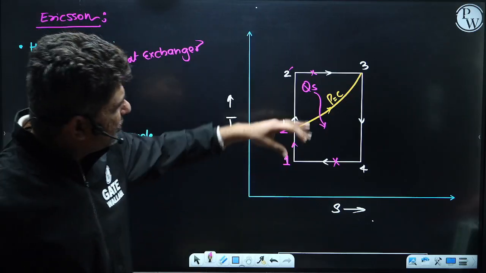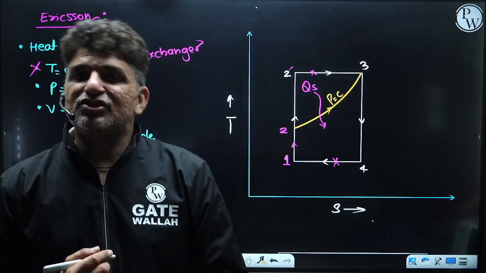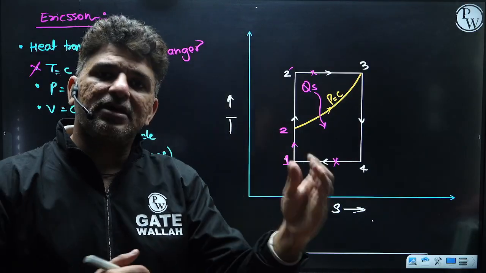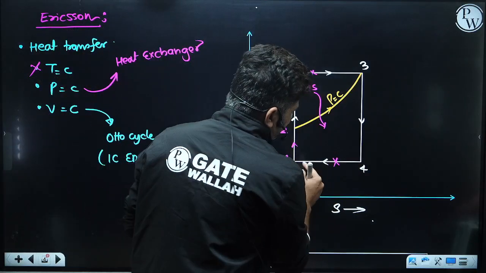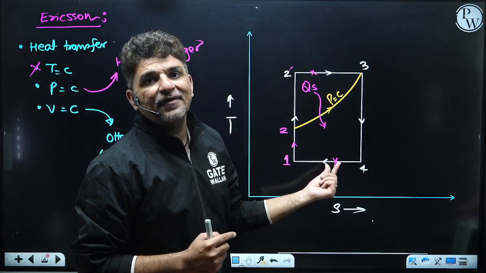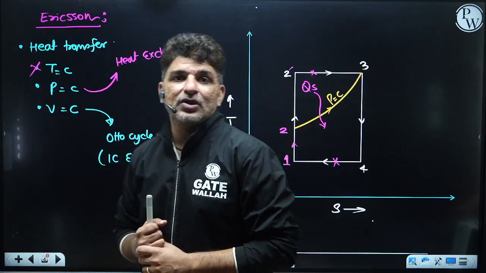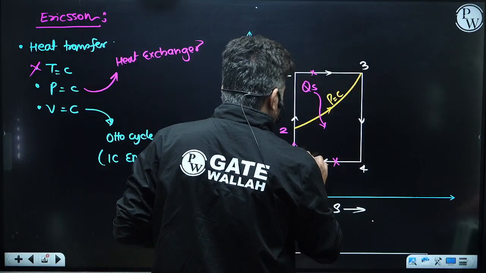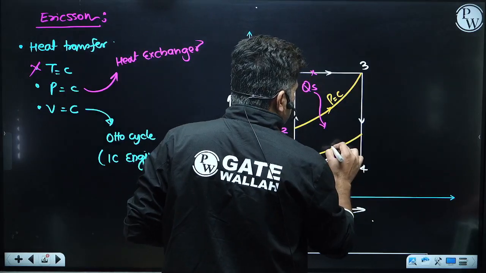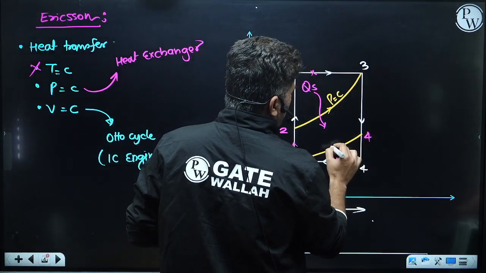Now you move from 3 to 4, where the work output happens, or isentropic expansion happens. And then 4 to 1, again you have to remove heat. So you have to have heat transfer either at pressure equal to constant or volume equal to constant. So Ericsson used again the same process, pressure equal to constant.